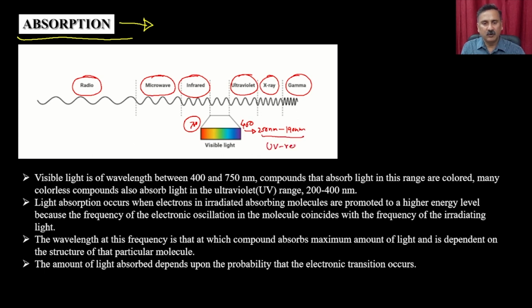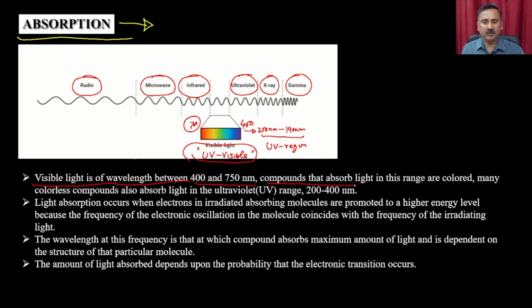So the UV region also can be used for photometric assays. You can have the UV visible range of the spectrum, and that can be used for all the photometric assays. Visible light has a wavelength between 400 and 750 nanometers.